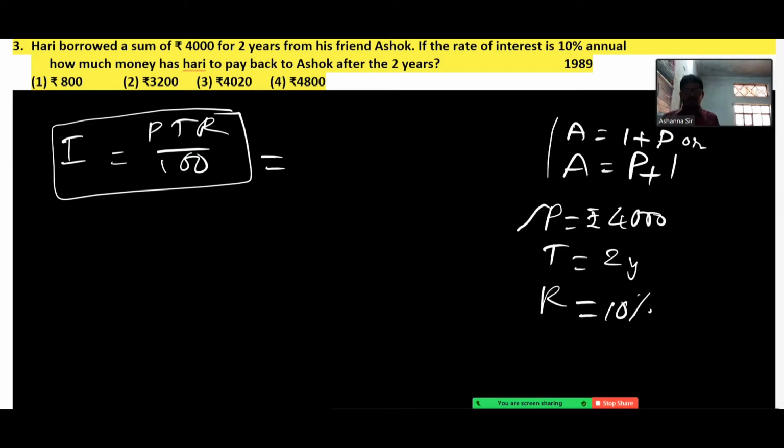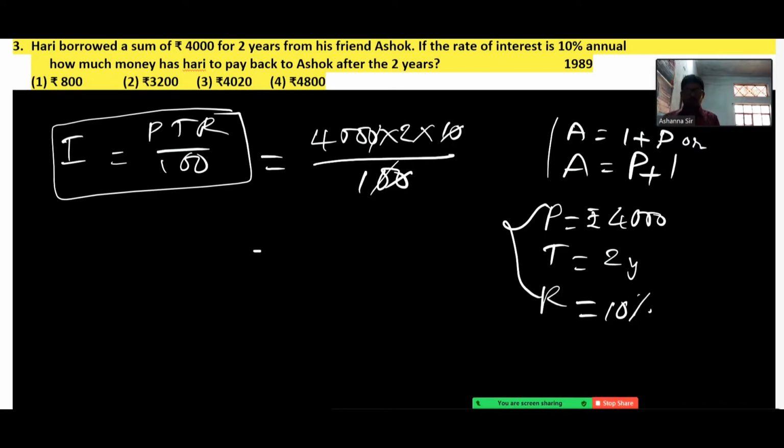Substituting: 4,000 into 2 into 10 by 100. The 10 and 10 cancel, 4 2s are 8, and we keep the two zeros beside it. So the interest is 800, children.